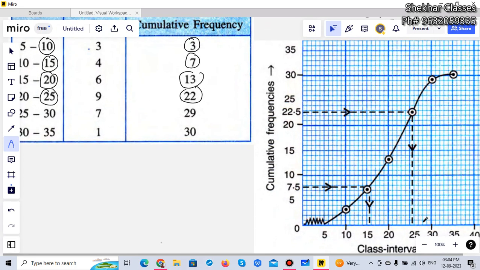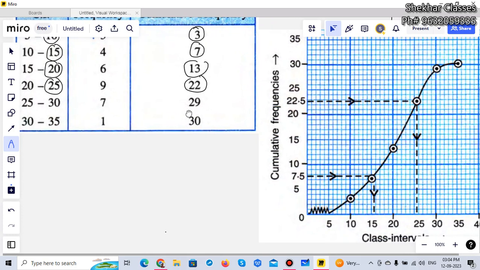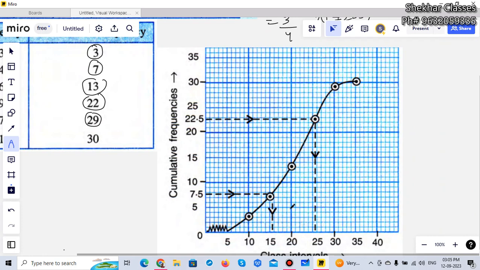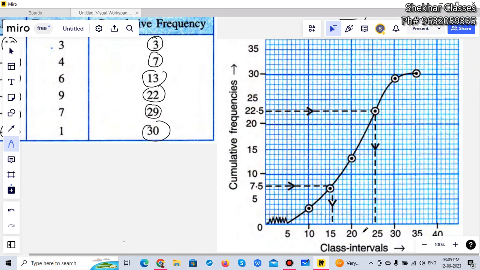Then 30 and 29. And the last one is 35 and 30. So the class limit is 35 and the cumulative frequency is 30. You draw the ogive here.